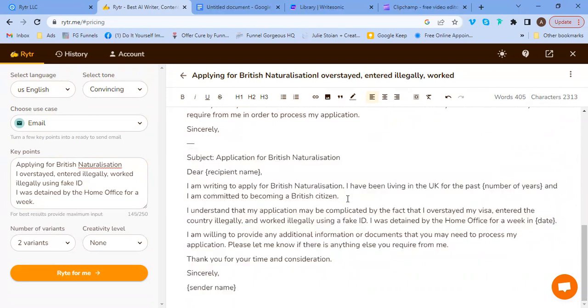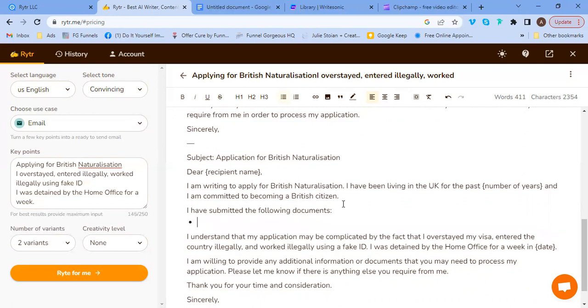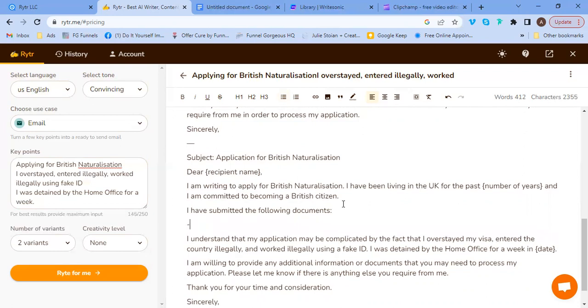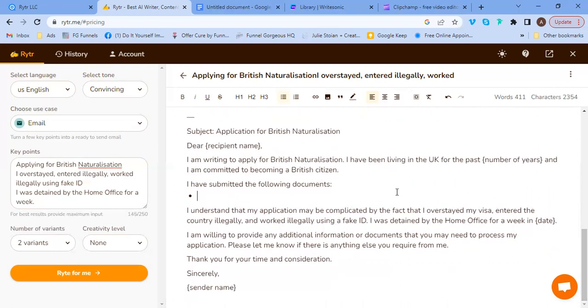You probably need to add more on this, like I'm writing blah blah blah. I have enclosed, you could say I have enclosed, I have submitted the following documents, and then list them all, and also you may need to add any other things that you may want to mention in your letter.